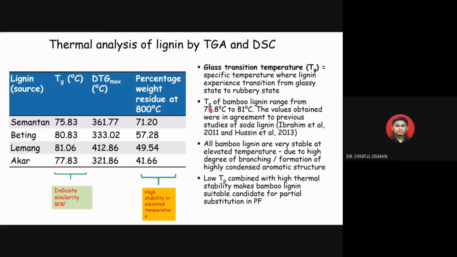This indicates that all the bamboo has almost similar molecular weight, and the lower glass transition temperature that we observe here is very beneficial because it gives more free volume and increases the possibility of cross-linking formation during the synthesis of Lignin-Phenol-Formaldehyde.